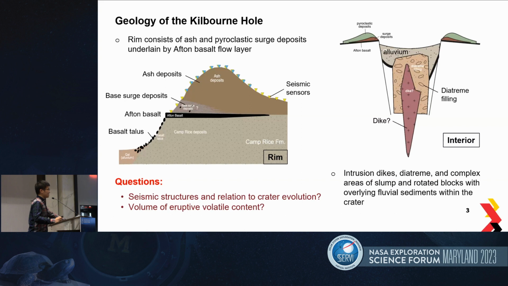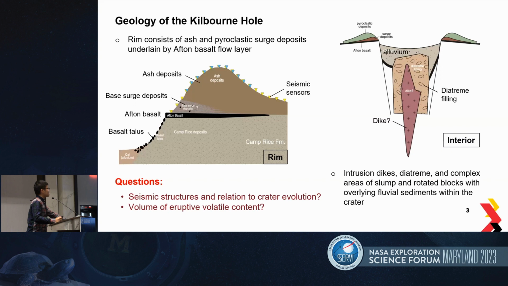They are covered by fluvial sediments near the surface. So the science questions I've been trying to address are delineating the internal structure of the crater and how they're related to its evolution.